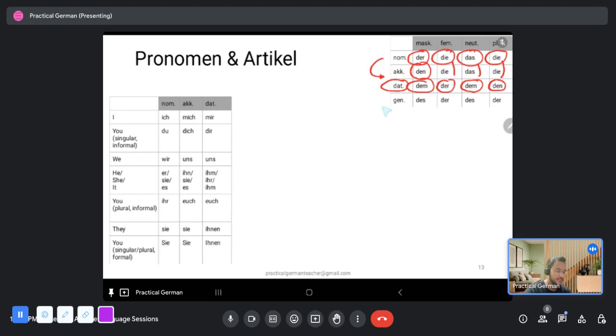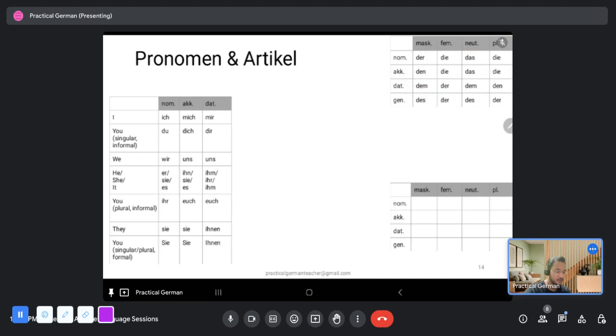Genitive not necessary for now, ignore that. Saying it again: when you go from nominative to accusative, only masculine changes, the others remain the same. In dative case, masculine and neutrum are the same, feminine is der, plural is den. Pay attention to these endings. This will help you all the time.